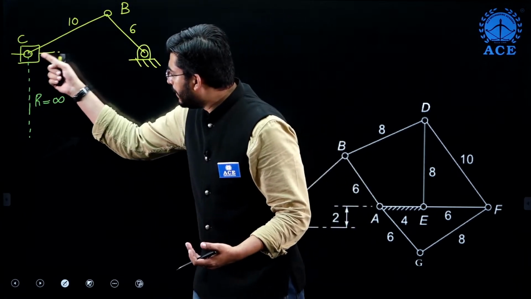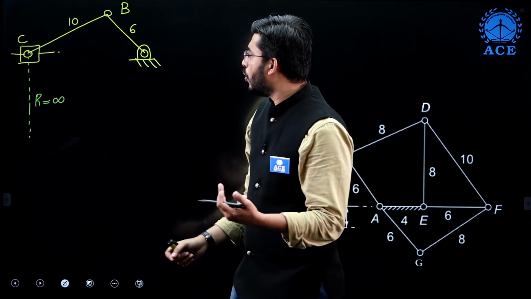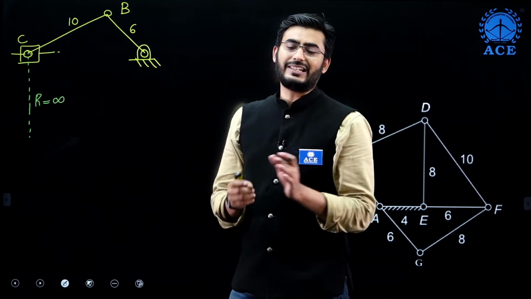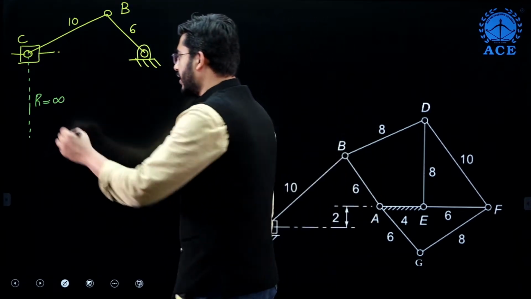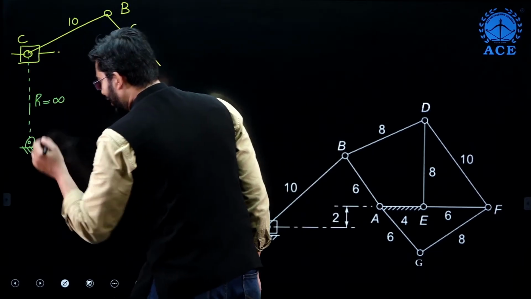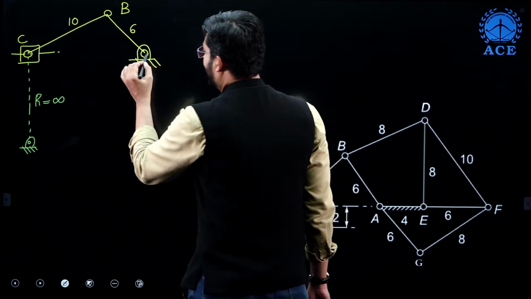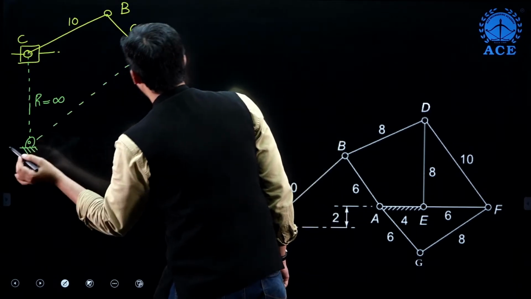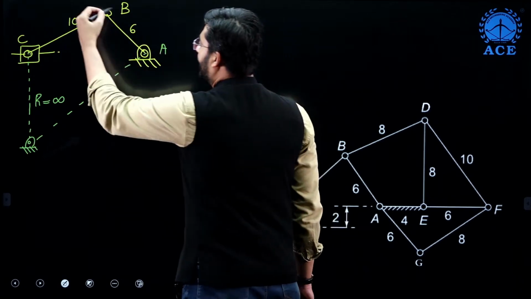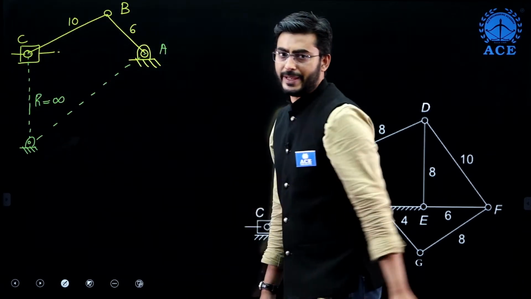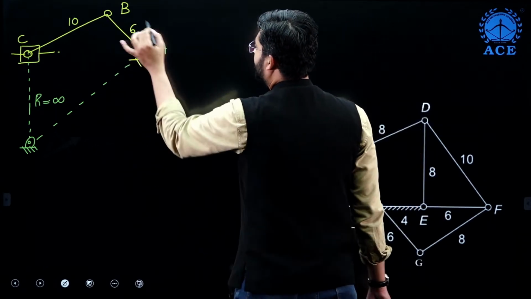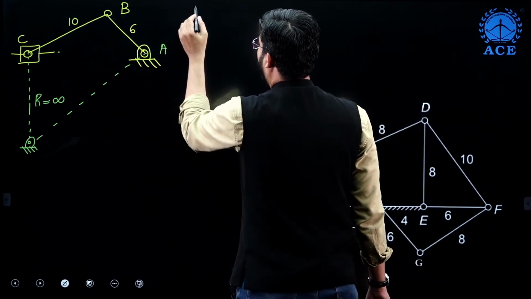So here the point C will undergo rotation about a center located at infinite distance. If I join from point A to this infinite center, I am able to form a 4-bar mechanism.